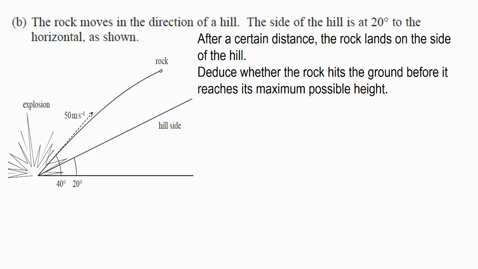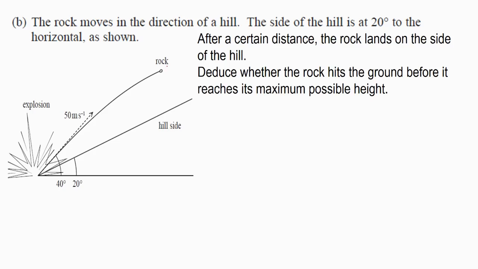Now there is a hill inclined at 20 degrees with the horizontal. We have to find whether the rock hits the hill before or after it achieves the maximum height.